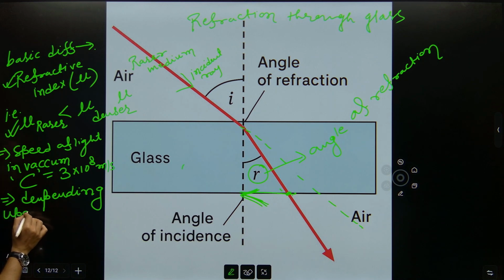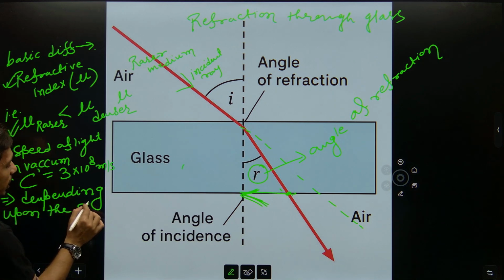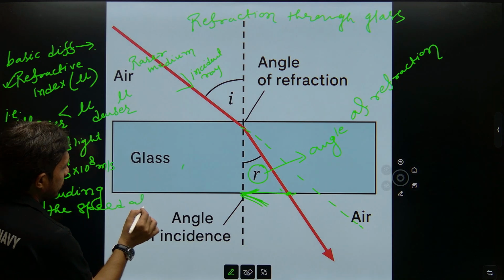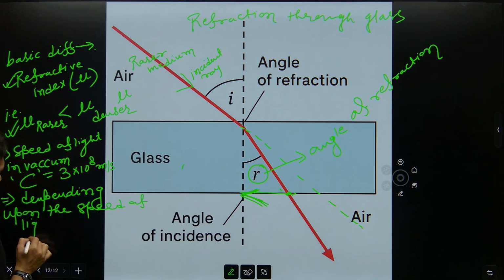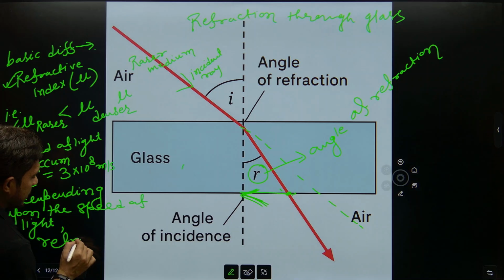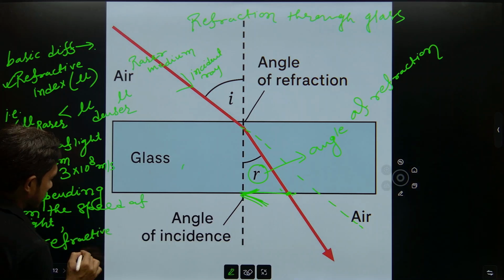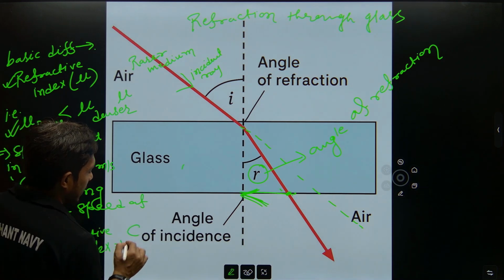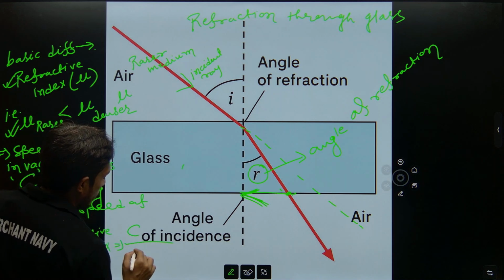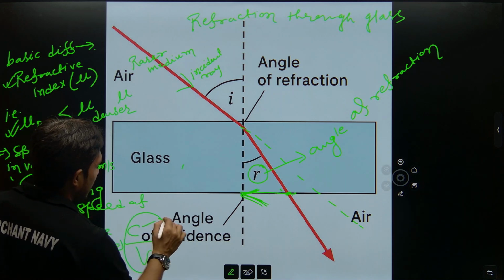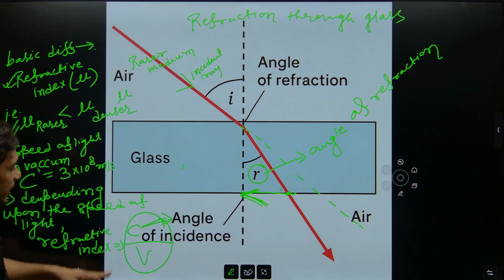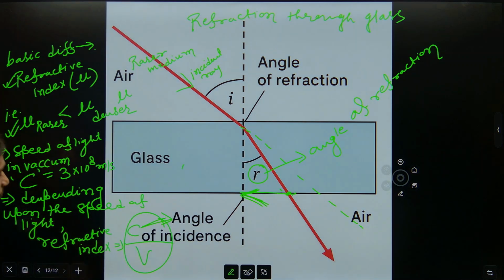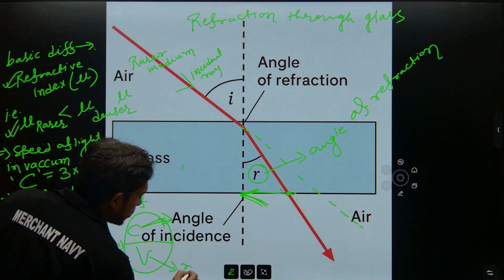Now, depending upon the speed of light, the refractive index is defined as the speed of light in medium first, that is C, upon V, the speed of light in medium second.